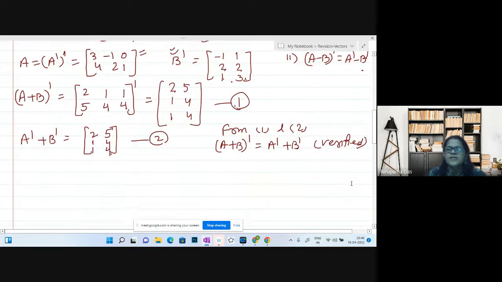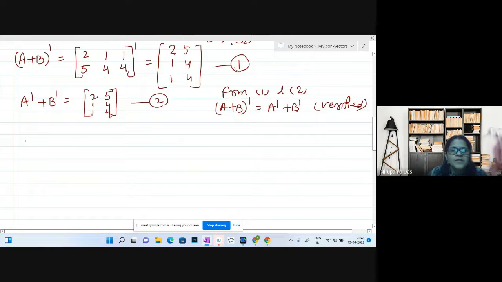Similarly, you can try A transpose minus B transpose also.